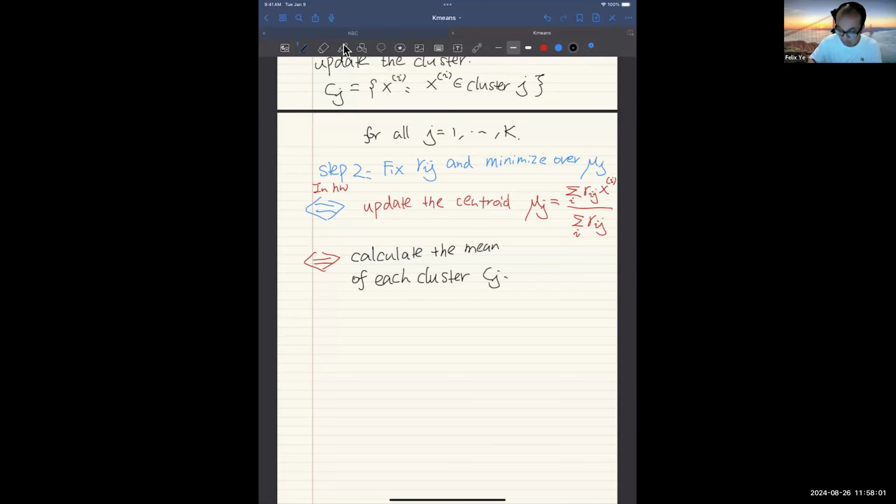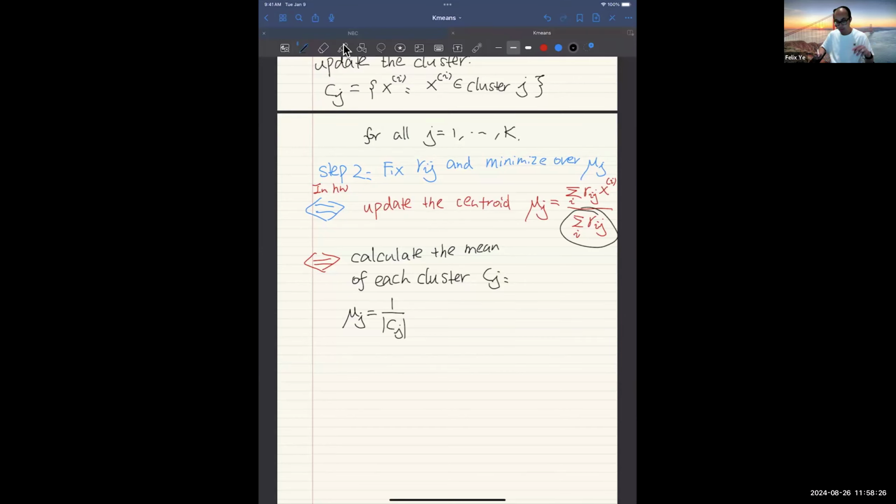Cj. So what does that mean? We have a mu of j. We just simply have a new cluster of Cj after step 1. Then what we do is recalculate this mu j based on the cluster. So this is 1 over the number of Cj, times the sum over all possible I of Rij for fixed j, which is the number of members in the cluster of j.